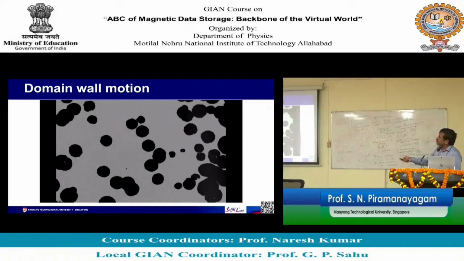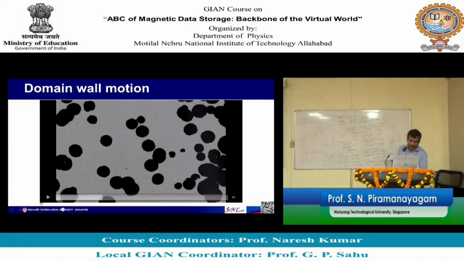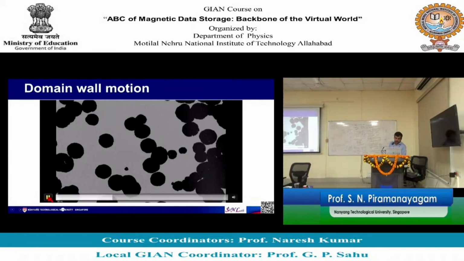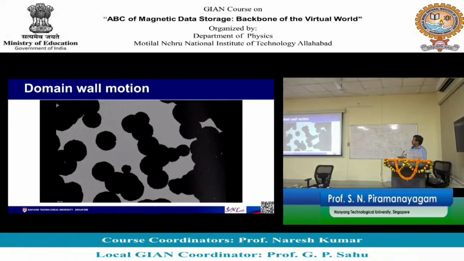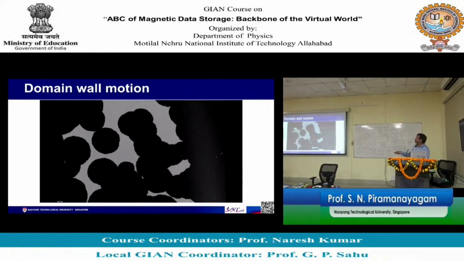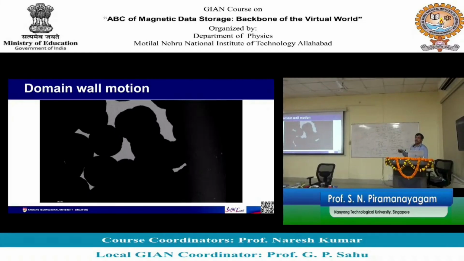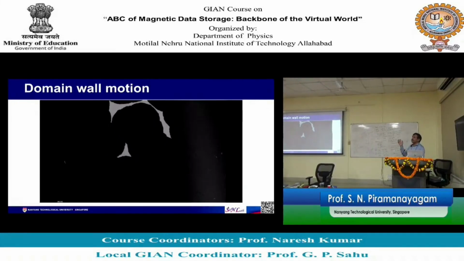You will see that it expands. So the domain wall moves and finally the whole film has black region, which means all the magnetization is now in the north direction. Initially you had south polarity dominant, now domain walls have moved and all have become north. So this kind of reversal is called domain wall motion.